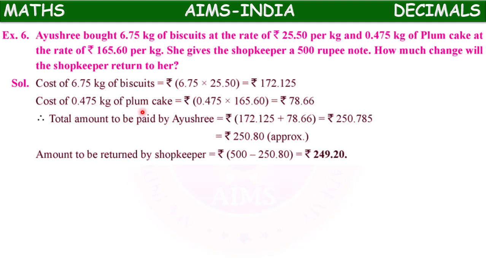Plum cake also, quantity into price. Total cost of biscuits. Total cost of plum cake. Total amount to be paid. Biscuits amount plus plum cake amount. Both we have to add. 250.785 rupees she has to pay.